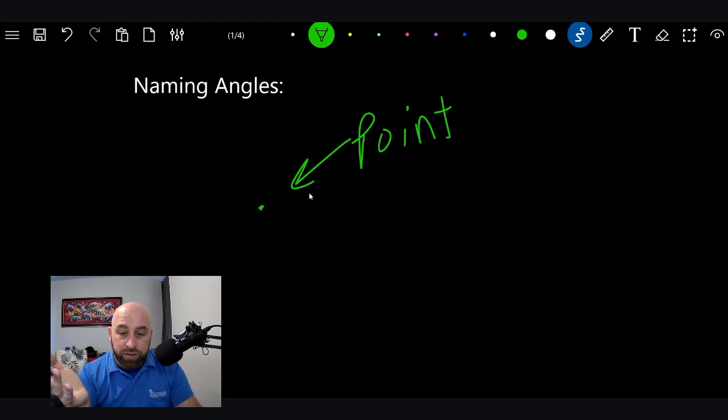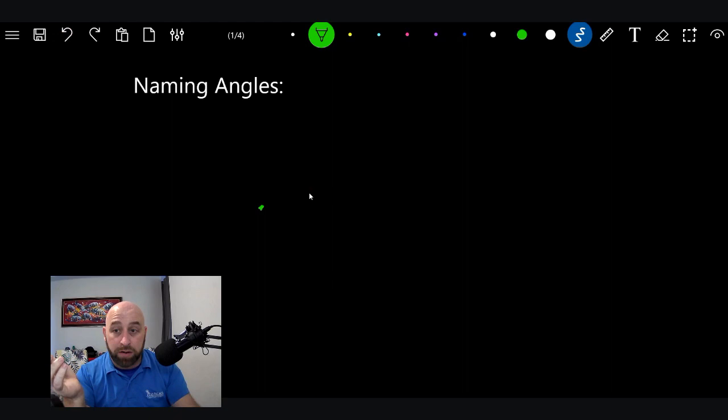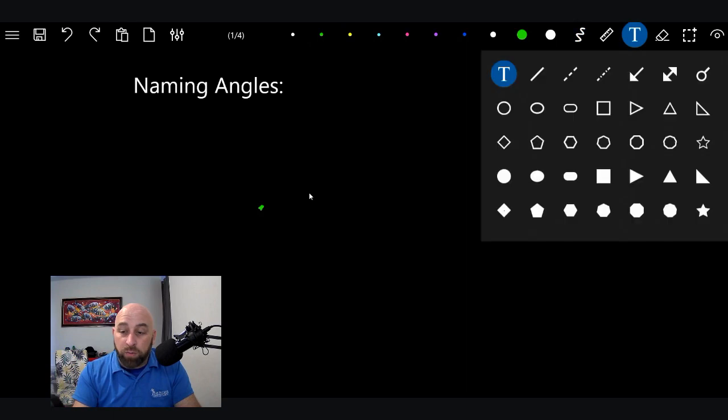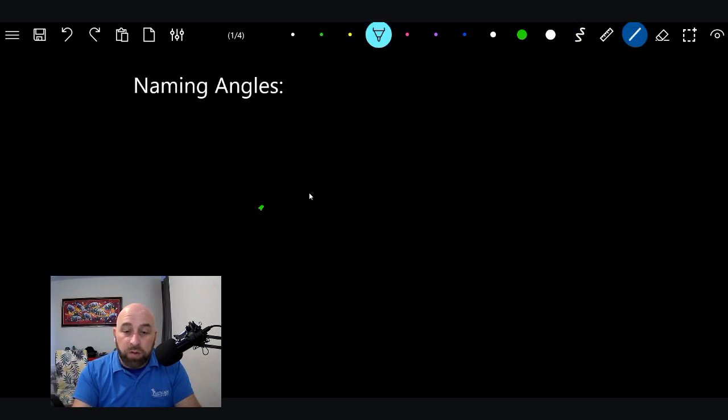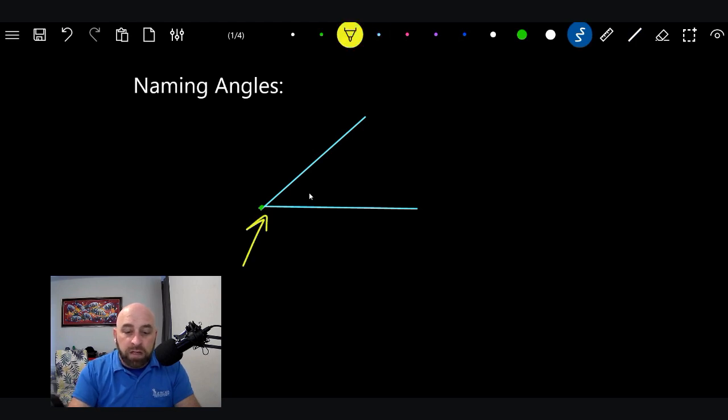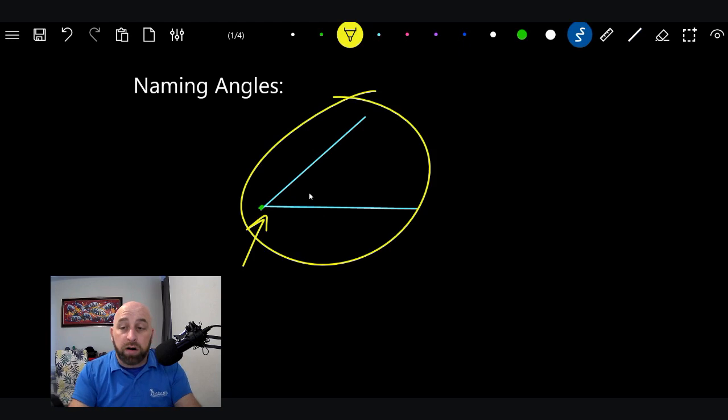In geometry, that point is called, guess what? This is epic right here. It's called a point. Yeah, the point is called a point. So that's pretty crazy, right? Now, when we're dealing with an angle, so if we start with the point, and then we draw our angle from that point, there's one side of the angle, and there's another side of the angle. Well, this point right here has a different name when it's part of an angle.